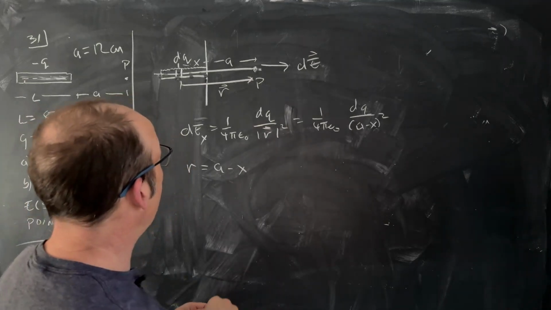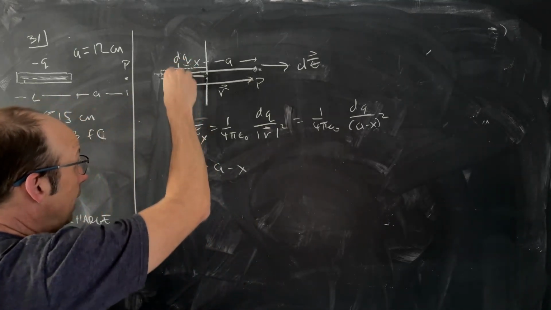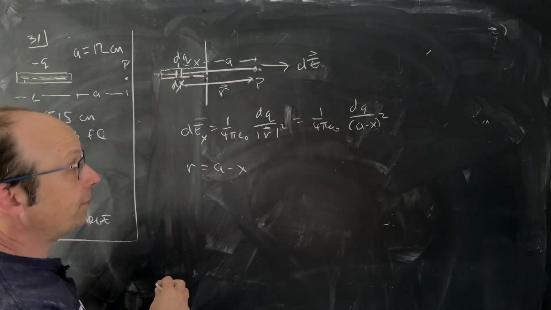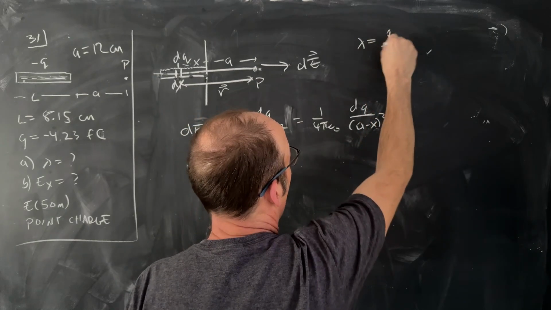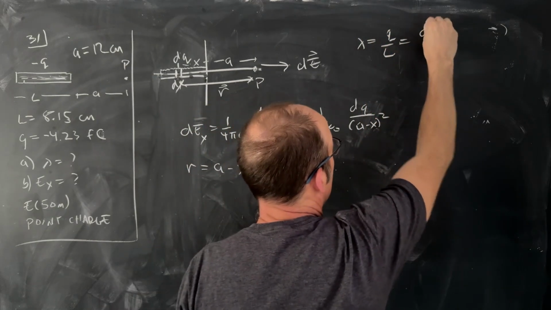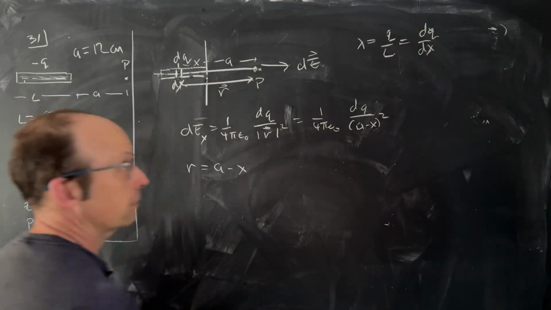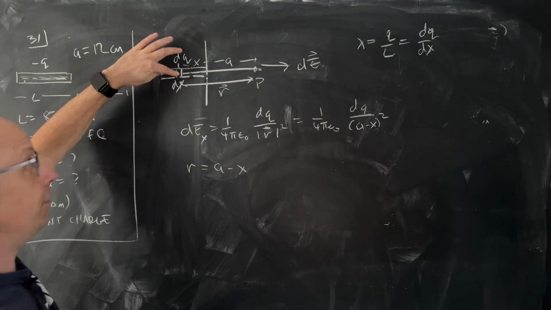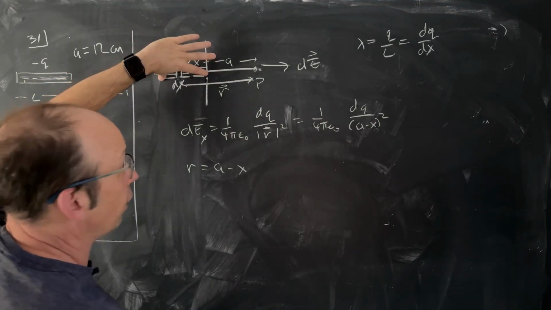I can solve that by saying that this little piece has a length dx. And then if the linear charge density is q over L, that should be dq over dx. So really it's just saying the ratio of the charge of this little piece to its length, dq over dx, is the ratio of charge of the whole thing over its length.